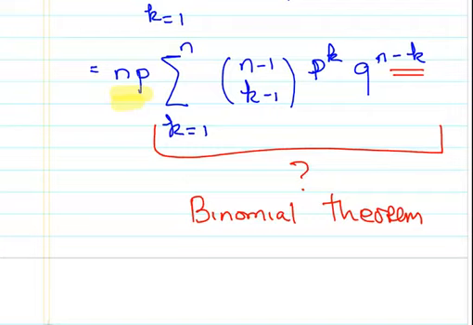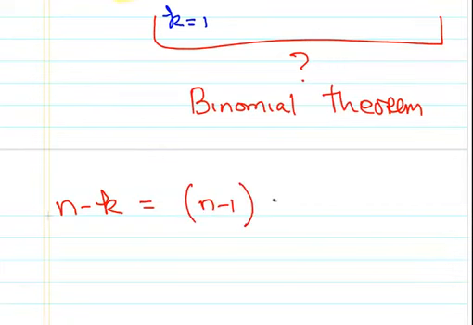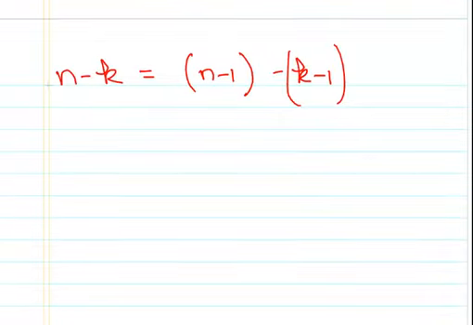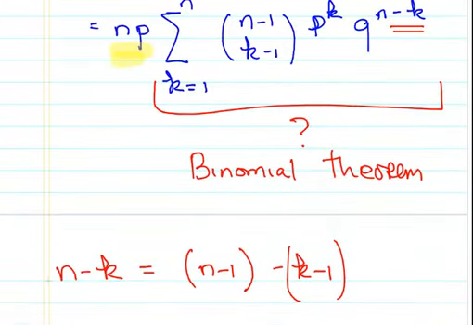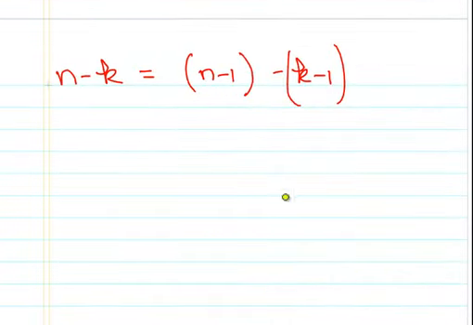We're going to rename that: n minus k equals n minus 1 minus (k minus 1). Okay, just bear with me on that. That's setting up towards the binomial theorem. So this part here, we're going to replace with n minus 1 minus (k minus 1). Just keep that in mind.